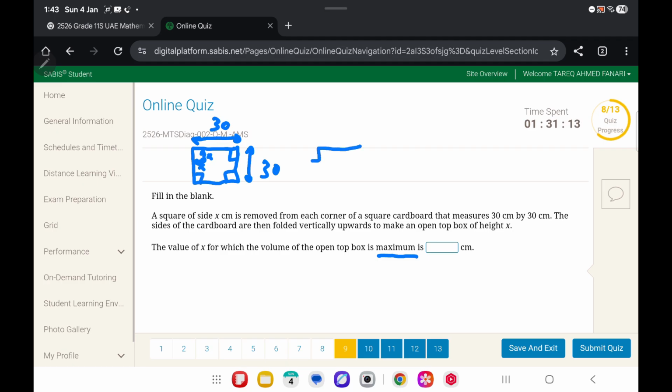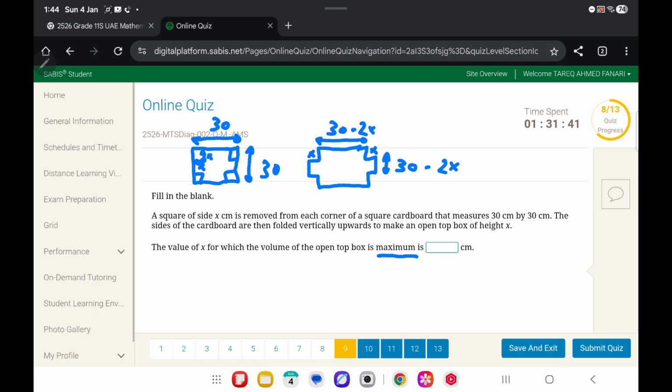It looked like something like this. Now, if this whole thing here was 30, and each side here is x, what is this? This is 30 minus 2x, right? Same thing goes here. This part here is 30 minus 2x.